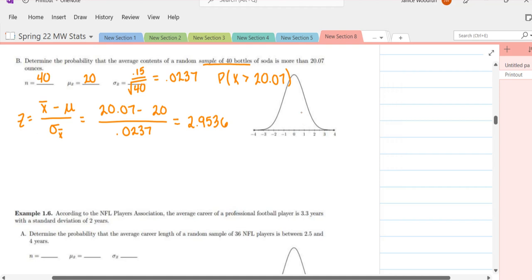Okay, which definitely changes this, but remember it's a smaller sample size, so the probability is going to be smaller. So that's about right here. And we're going to the right. So then we would still go normal CDF. And then we would have a lower limit, 2.9536, upper limit, 99.